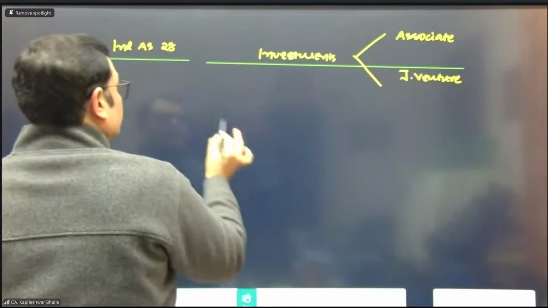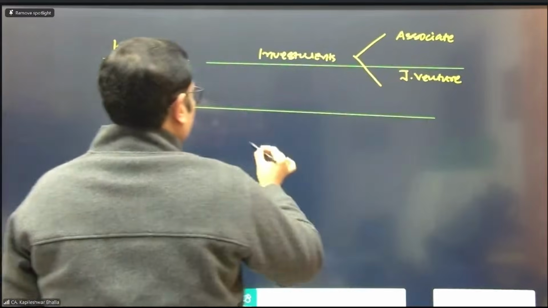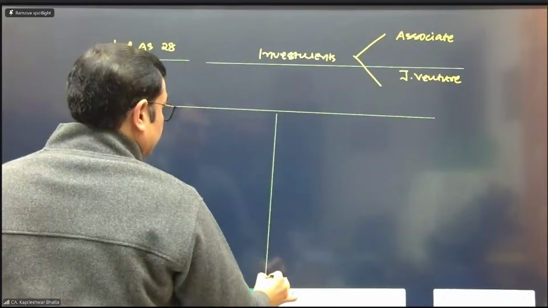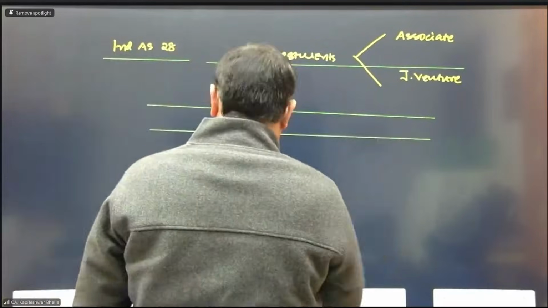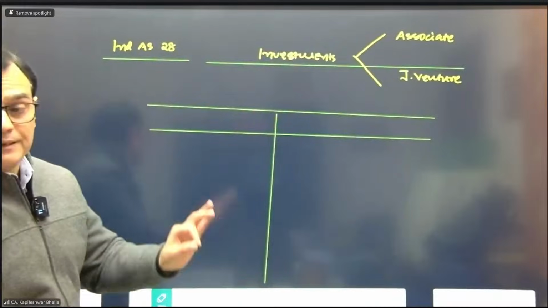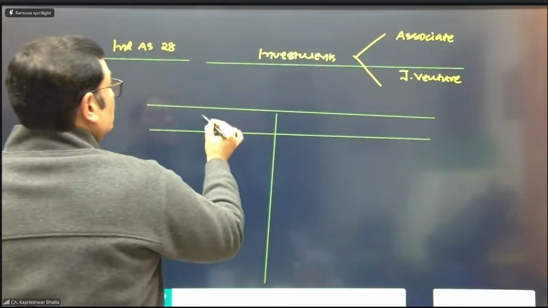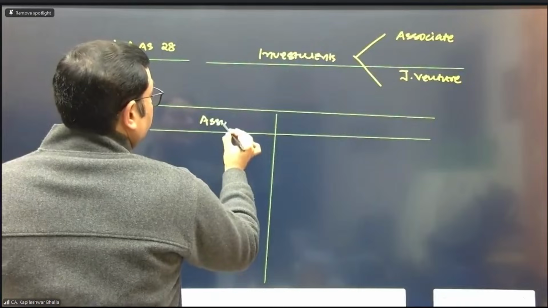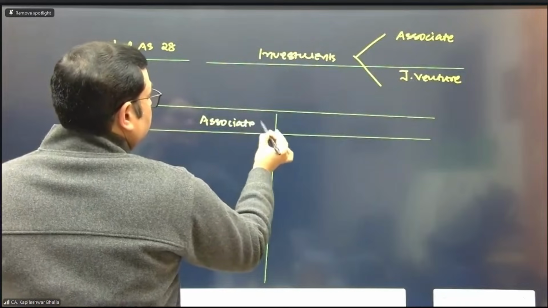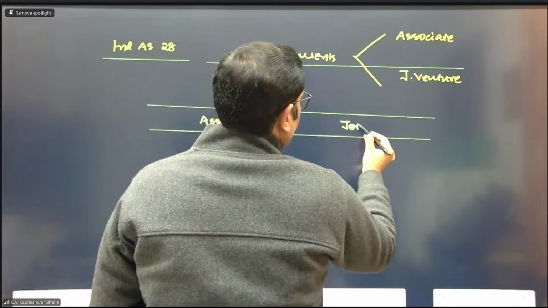So one thing which I like to give it very clear so that the thoughts are absolutely clear indeed, that there are 2 kinds of investments which are covered under Ind AS 28. The first one is, we said, associate. The second one is what we call a joint venture.